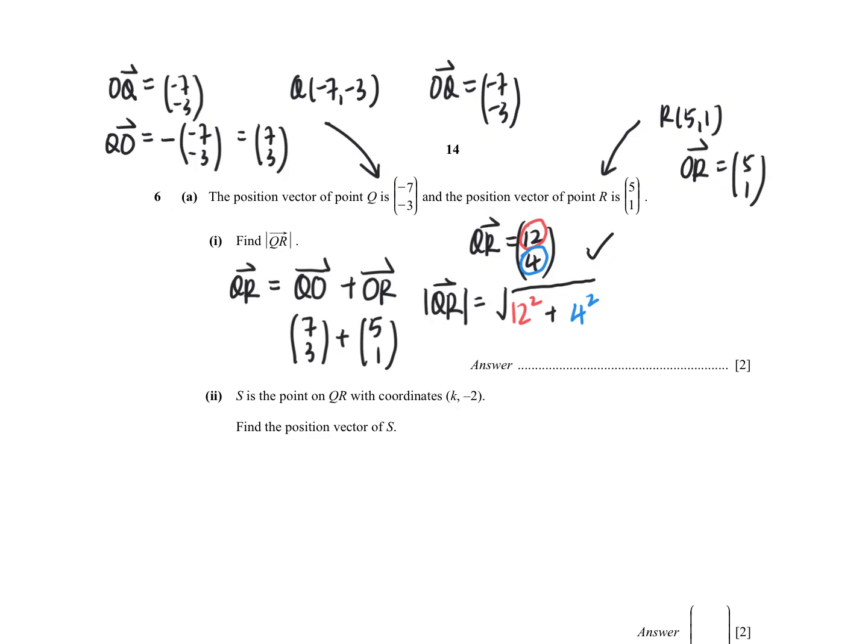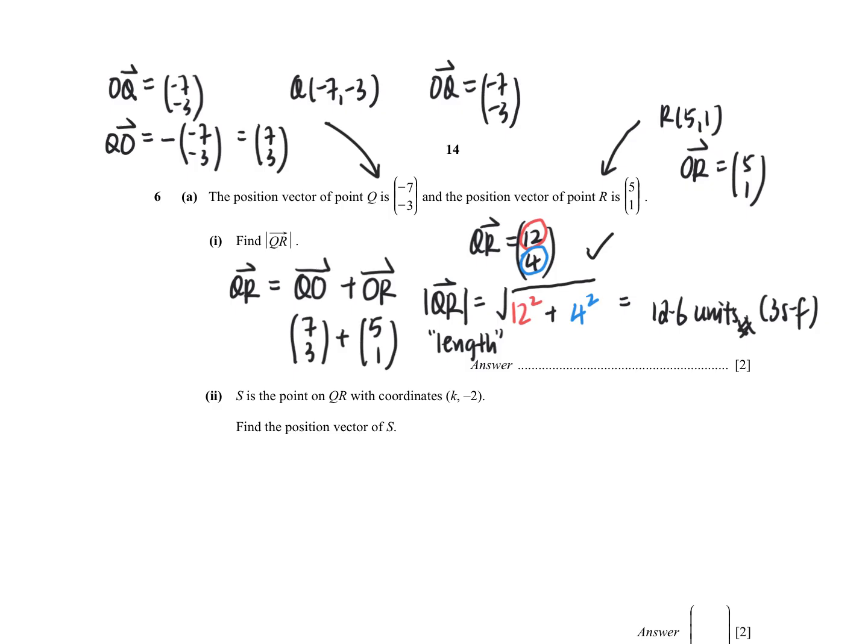This one means finding the length. Okay? So you press calculator. Calculator will give you 12.6, 3SF. Okay, so this question itself talks about coordinate, talks about position vector.